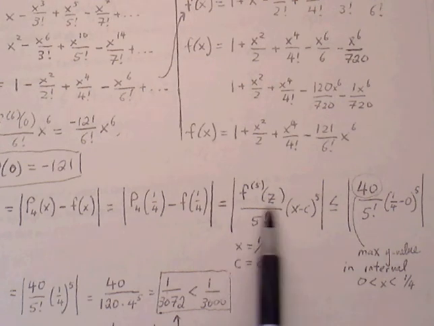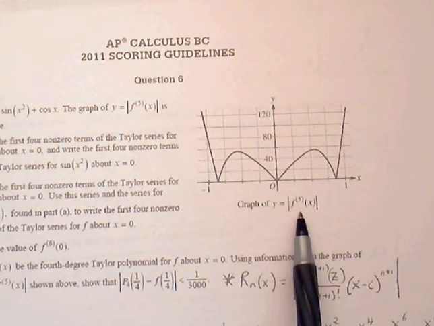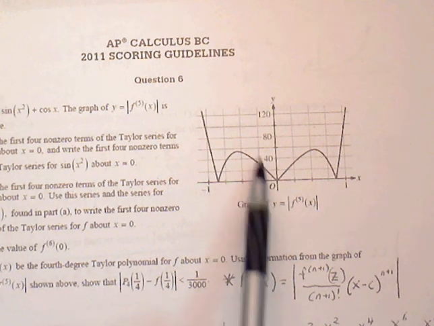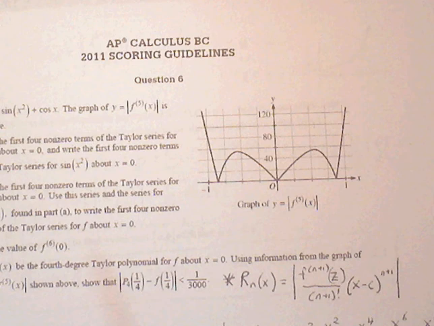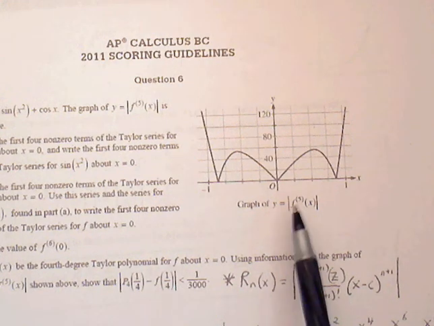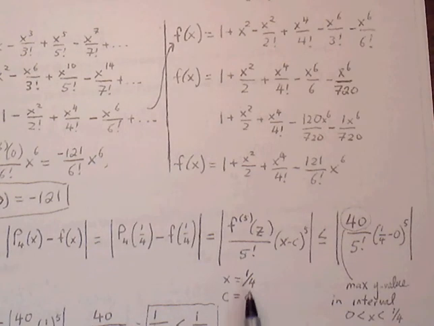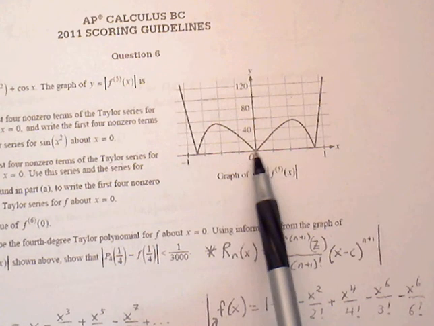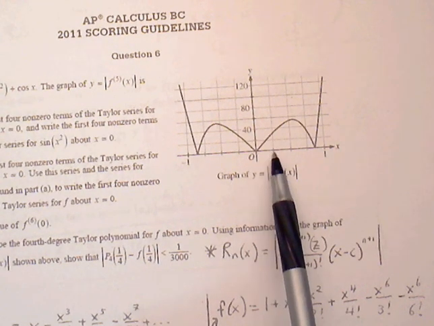Okay, so we're going to refer to our graph, because this graph is the 5th derivative of f of x. So this is the graph here. Now we don't know what the z value is, but we know that our z value has to sit somewhere between our x and our c value. Our x value we know is 1/4. We know our c value is 0. So between 0 and 1/4, let's see if we can find a safe y value. Okay, so this is 1, right?